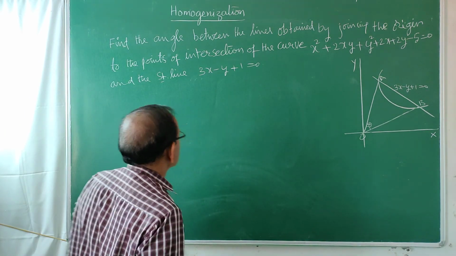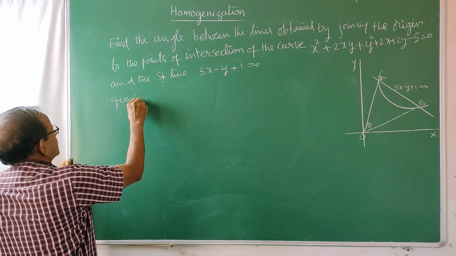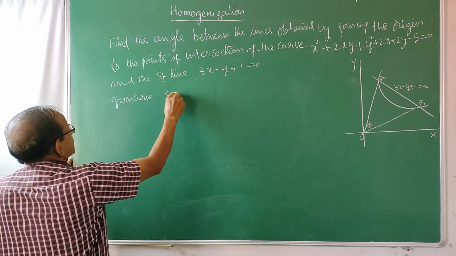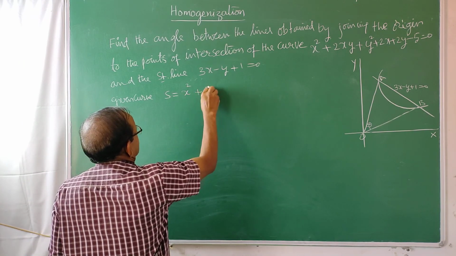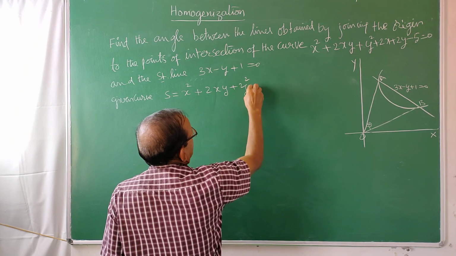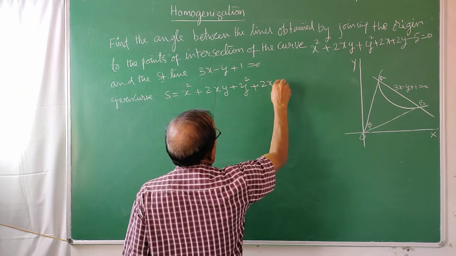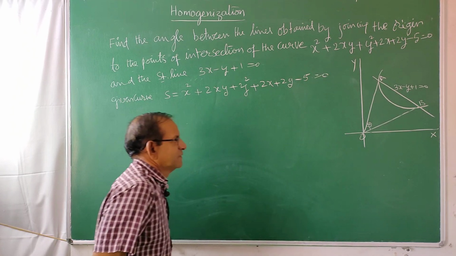Now how to make it homogeneous? I will tell you. Now given curve, that is S is equal to x square plus 2xy plus y square plus 2x plus 2y minus 5 is equal to 0.